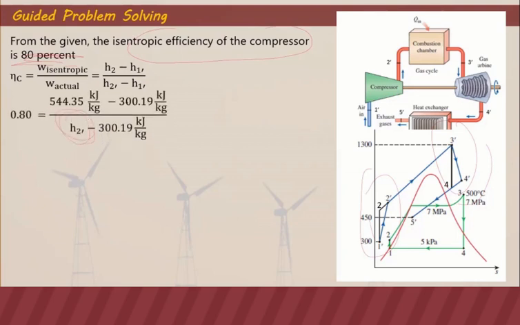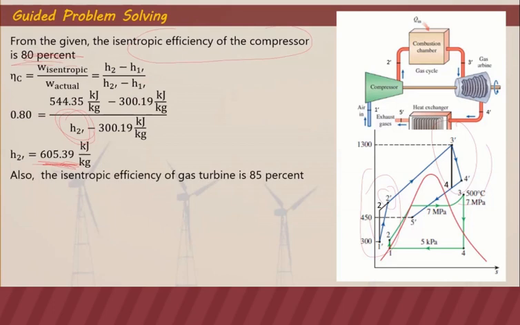Since we already have 1 prime in the calculation and the isentropic efficiency of the compressor is given in the problem, H2 prime is 605.39. So the actual enthalpy leaving the compressor is 2 prime, and that is 605.39 kilojoules per kilogram because of the isentropic efficiency. Also in the turbine, it's given as 85% for the gas turbine. So it's not actually 4, but it's 4 prime that leaves the turbine because of the isentropic efficiency.